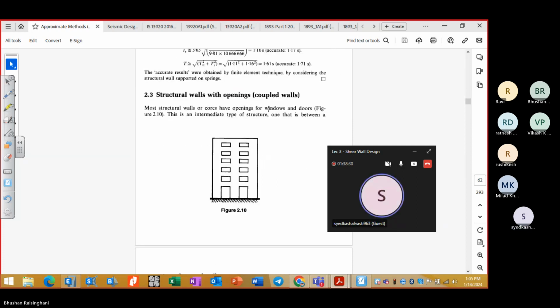Sir, what is the book name? I'll share it in the group as well. So this is for the coupled walls. As you say, with openings it is a coupled wall.